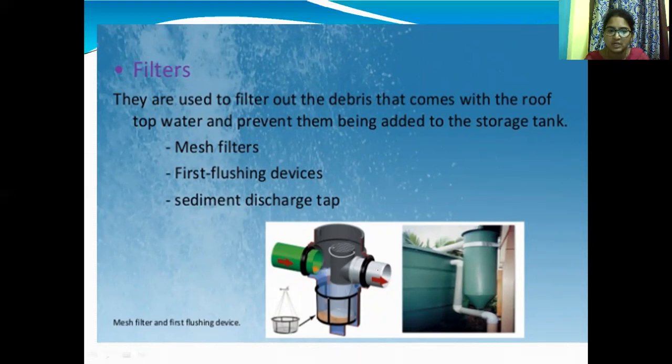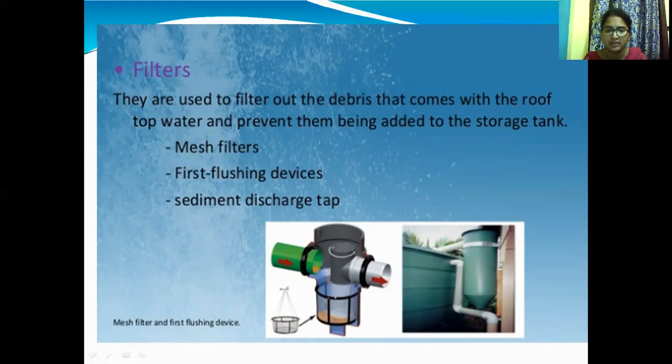This is one type of filter for filtering rooftop debris and dust particles, and also any grass, any algae, and leaves of the trees.